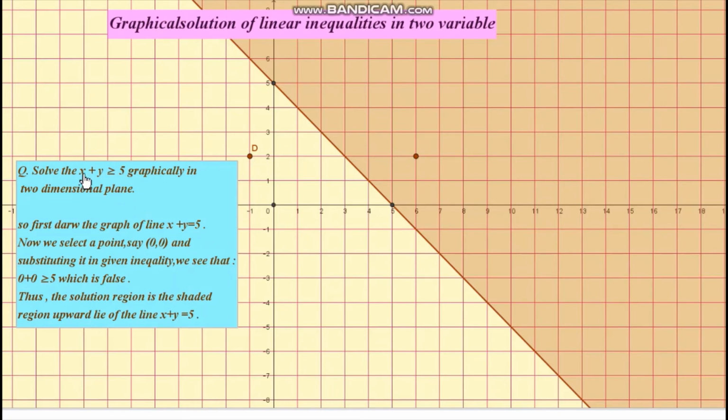If you put x is -1 and y is 2, -1 plus 2 is equal to 1. Is 1 greater than or equal to 5? No, it is false. Hence, point D does not satisfy the inequality. So the solution region is the upward direction of the line x plus y is equal to 5, and it also includes all points which lie on the line, because here it is given x plus y greater than or equal to 5.